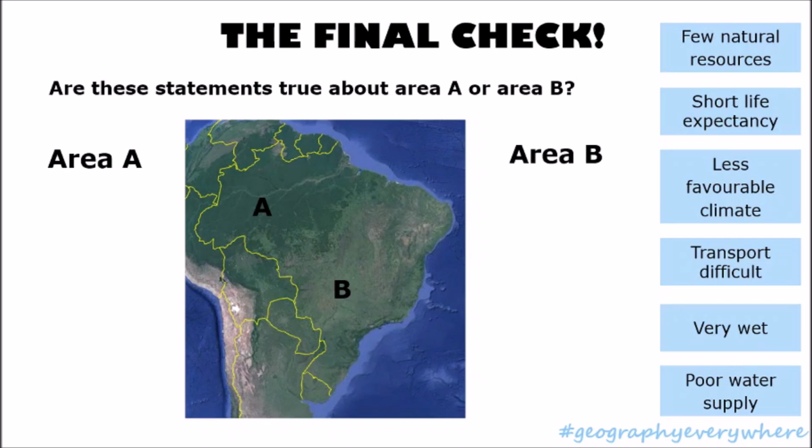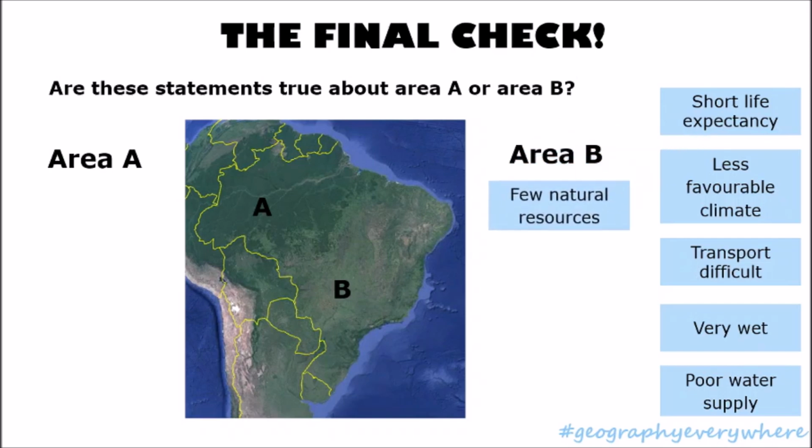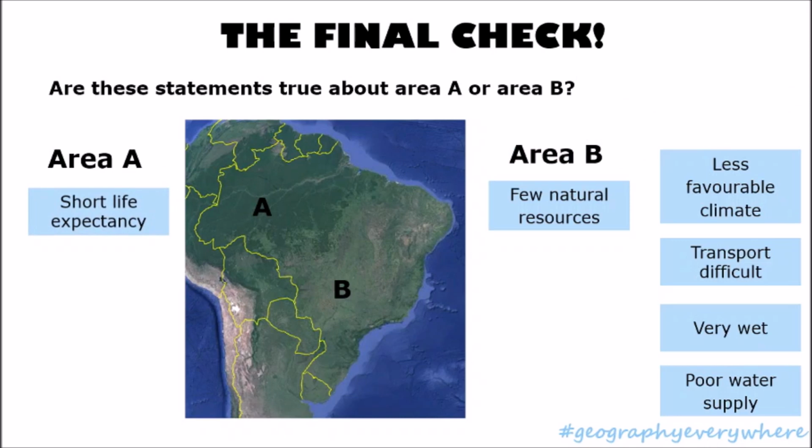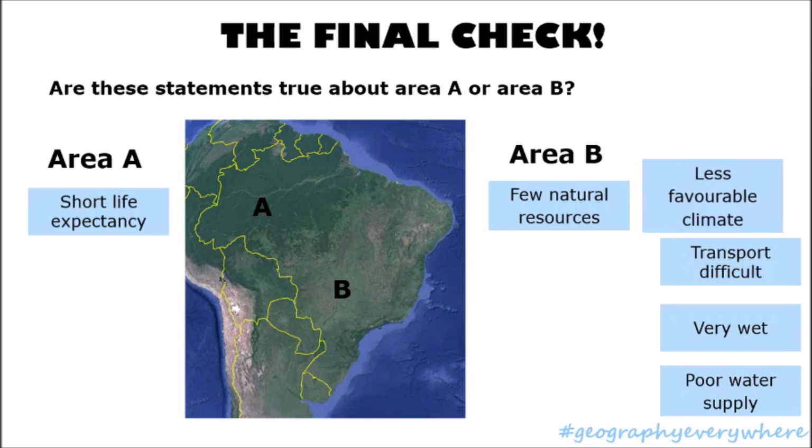Okay, the first statement says few natural resources. This is found in Area B. The second statement says a short life expectancy. A short life expectancy is found in Area A, in the Amazon rainforest. The next statement, less favorable climate.